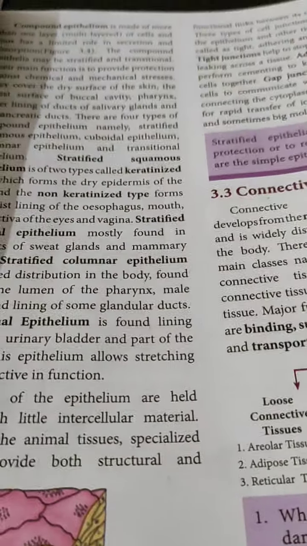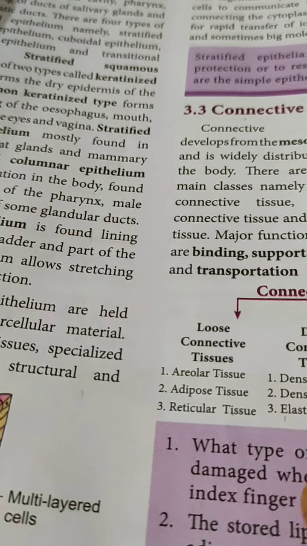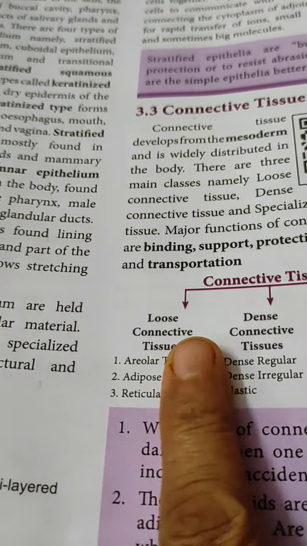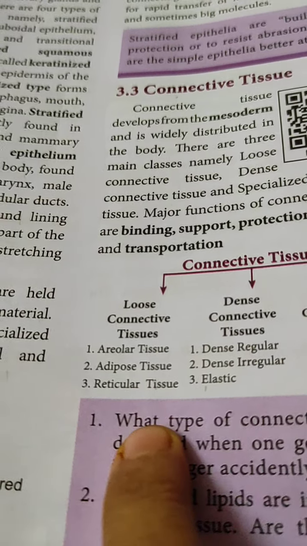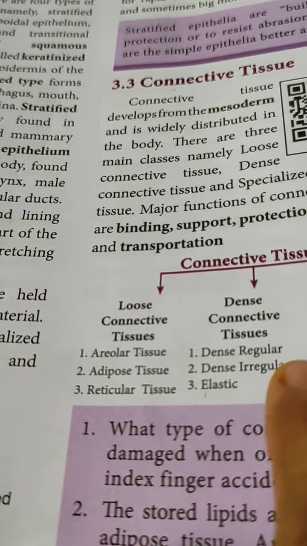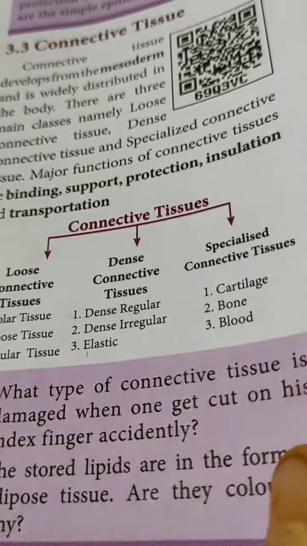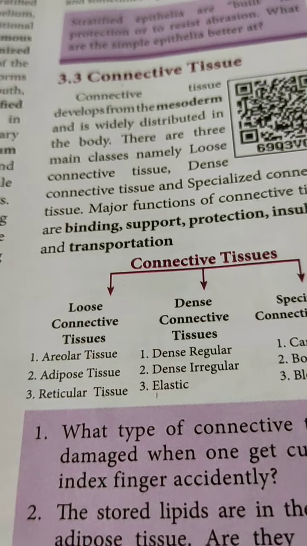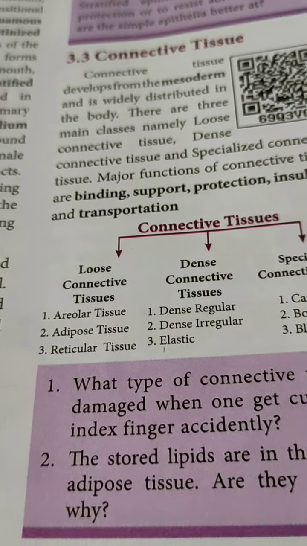The loose connective tissue examples are areolar tissue, adipose tissue, and reticular tissue; we will be discussing where they are present, what the components are, and where we can see them. Dense connective tissue: dense regular, dense irregular, and elastic. And the third type, specialized connective tissue, that we know: cartilage, bone, and blood. So this is the classification of connective tissues.